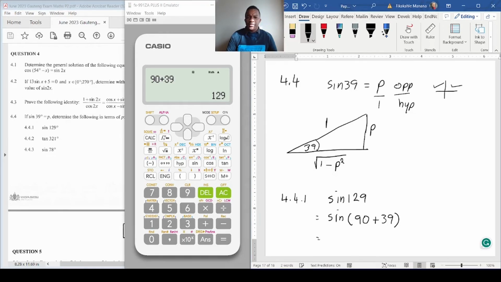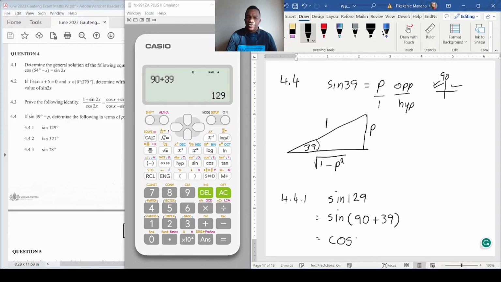Remember, a 90 changes a sine to a cos. So this is just cos, and sine is positive in this quadrant. So in quadrant 2, because 90 plus means it's in this quadrant, and sine happens to be positive, so cos is positive as well.